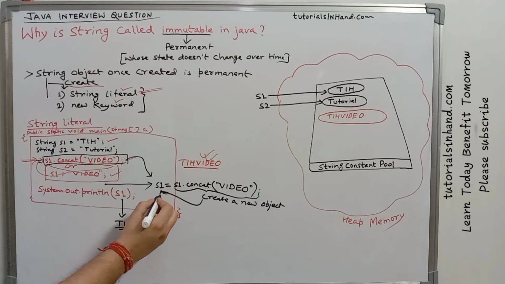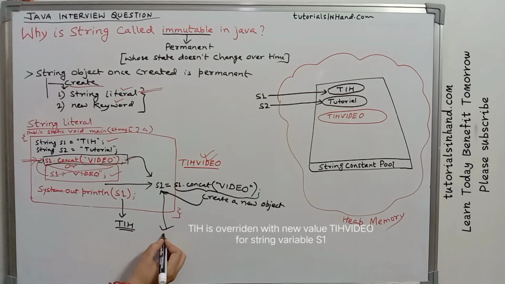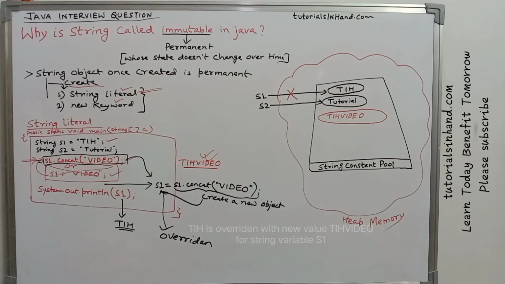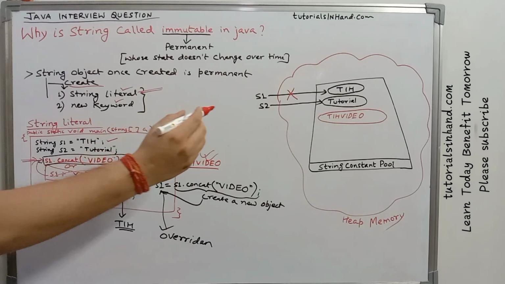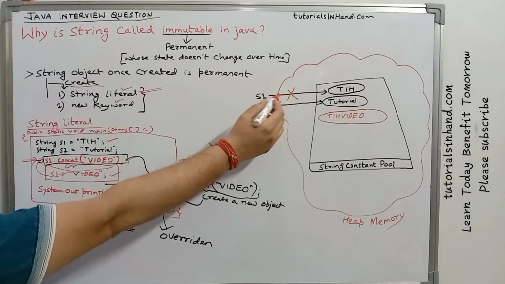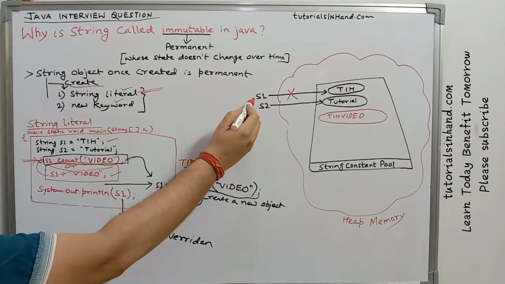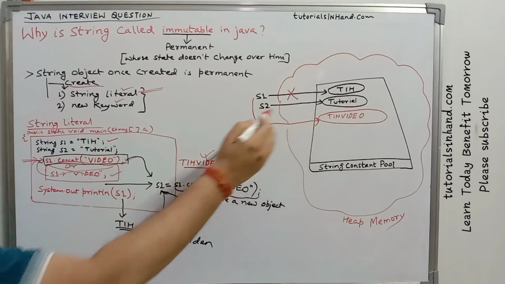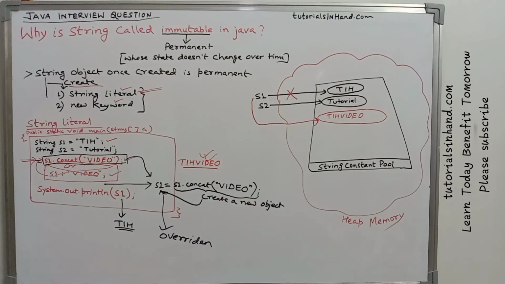So here the value of s1 got overridden, and now this s1 variable points to the new object, that is TIH video. And this link that s1 had to TIH gets broken. Now it is not referencing that place. Now it will start referencing TIH video, right? So this is how it works.